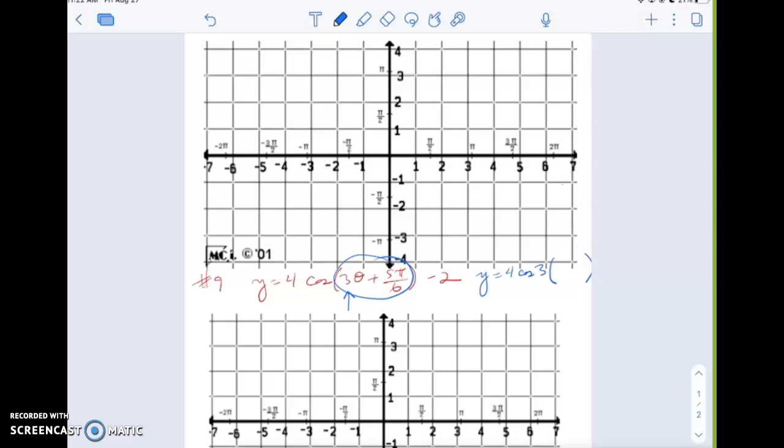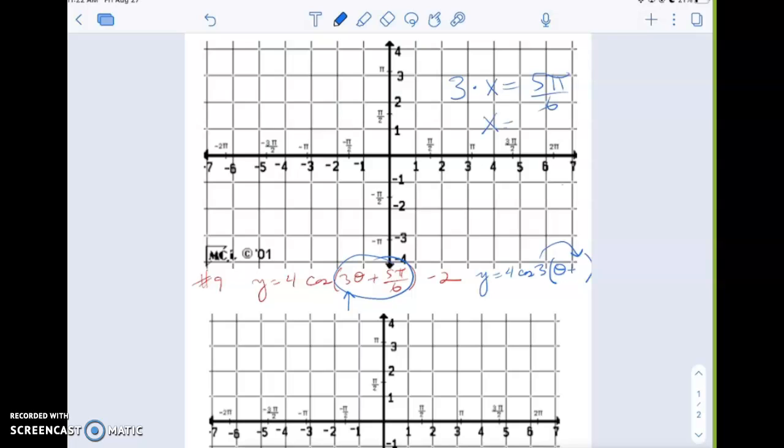And so what that's going to do is make it theta plus, and if you take 3 out, how does that change what's in there? Essentially, 3 times something has to equal 5 pi over 6.